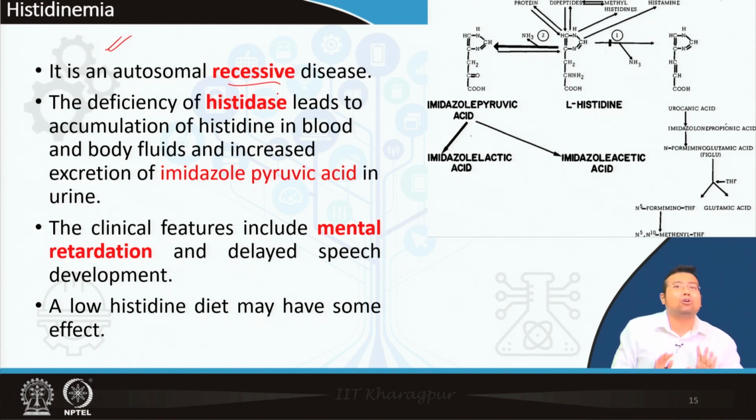If that is not happening, naturally histidine will be diverted to alternate routes of metabolism, very similar to what was happening in phenylalanine metabolism. Over there phenylalanine was being converted to tyrosine. If phenylalanine hydroxylase was deficient, it was getting converted to phenyl acetate, phenyl lactate, phenyl pyruvate.